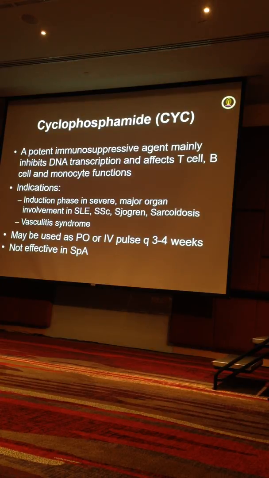So it can be used as an induction agent for lupus nephritis and other severe major organ involvement in lupus, and in vasculitis syndrome. For vasculitis syndrome, daily oral use is better than the IV pulse, but it gives a lot of toxicity.